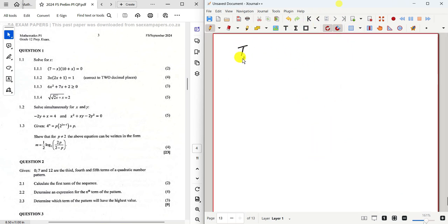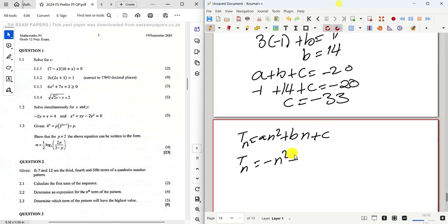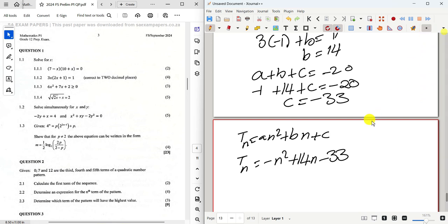We know T sub n is equal to an squared plus bn plus c. What is a? We said it's negative 1, so this will be negative n squared. And b was 14, positive 14n. And c was negative 33. Now let's prove if this is really it. So we'll try term 3.